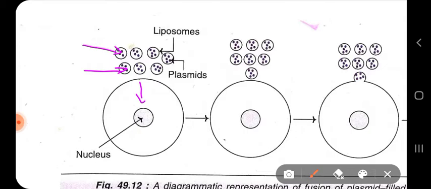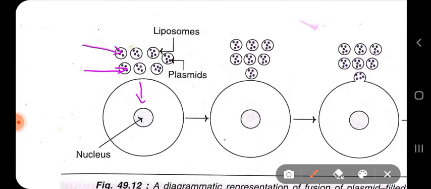They can also fuse with the protoplast, where the cell wall has been removed from the plant cells, and you can easily transfer your target gene into the cell.